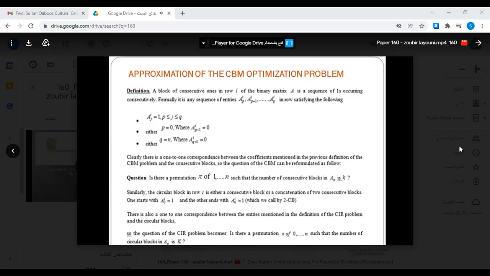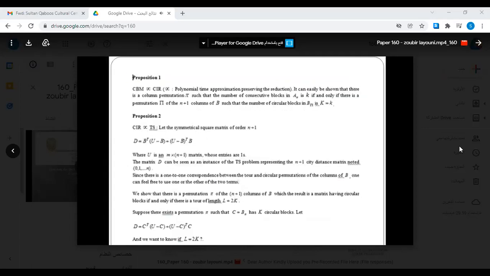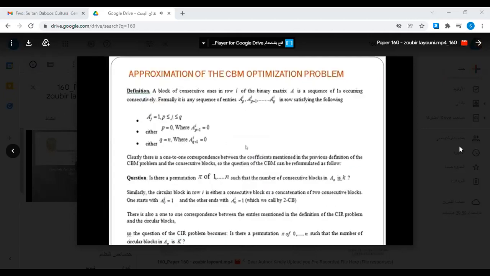So the question of the SIR problem becomes: is there a permutation P such that the number of circular blocks in AP is K? As follows, we propose to make the three propositions below.